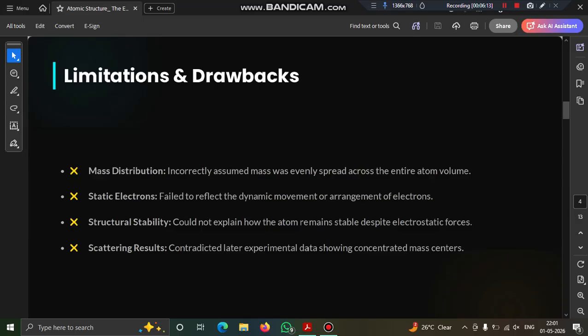Structural stability: it couldn't explain why the atom remains stable despite electrostatic force.